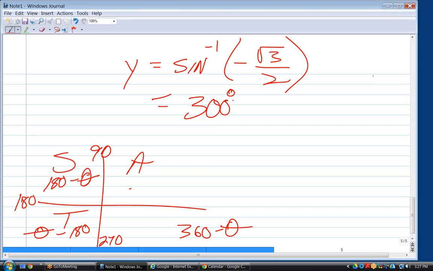But notice that 240 degrees also works as an answer. They don't tell you what your domain is. But there's your two answers there, 300 or 240. Your calculator will only give you that one.